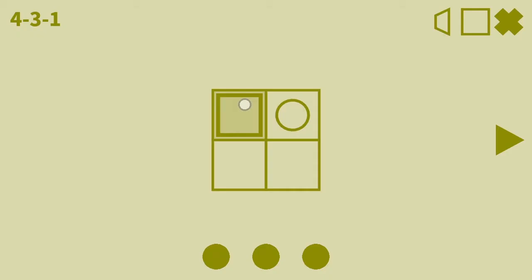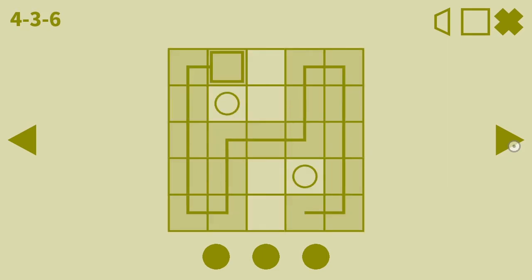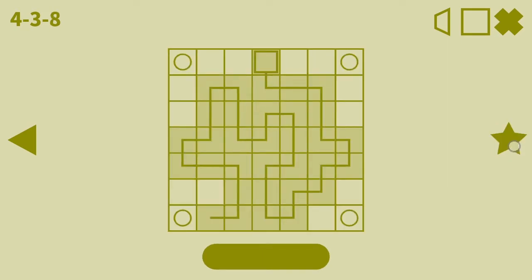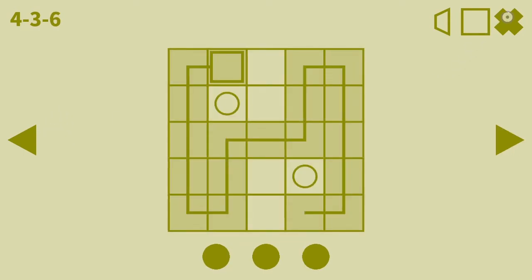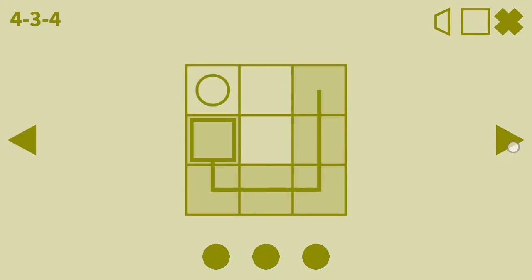4, 3. Circles just need to be in regions of... No. They need to be in... Okay, there needs to be a rotationally symmetric region with a circle in it. Wait, but no, it's not symmetry. It's not the symmetry world.